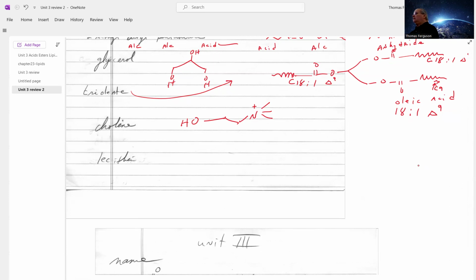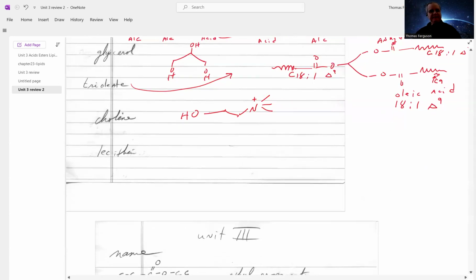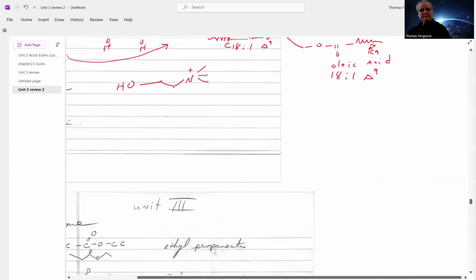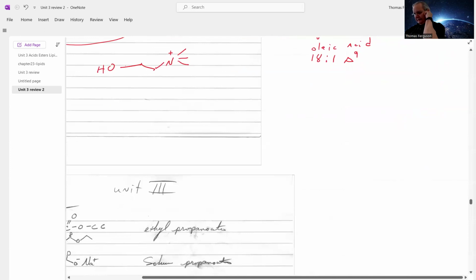So it's a 2-carbon ammonium salt. And we haven't got to those yet. It'll be unit 4. But anyway, that's what choline looks like. This is going to be lecithin.